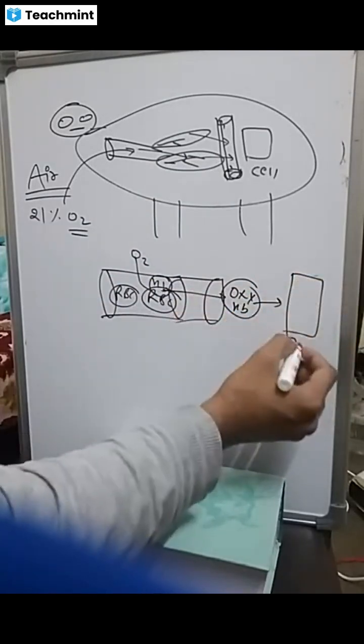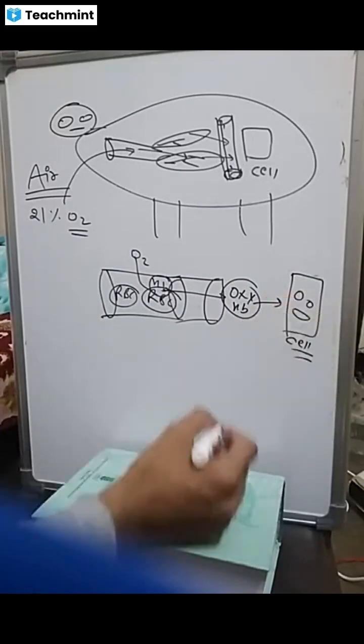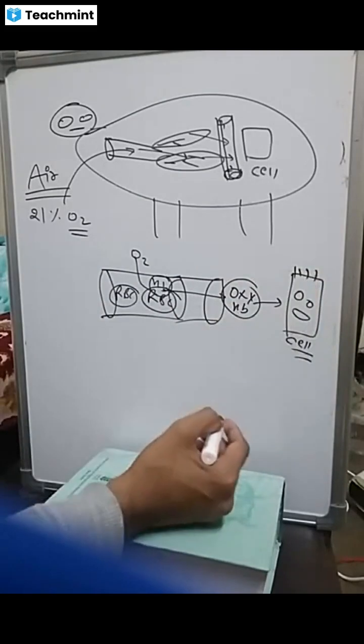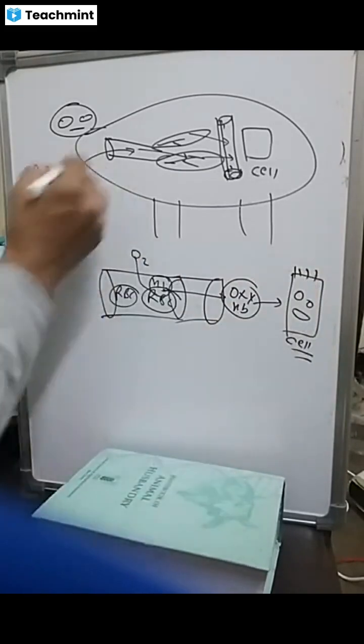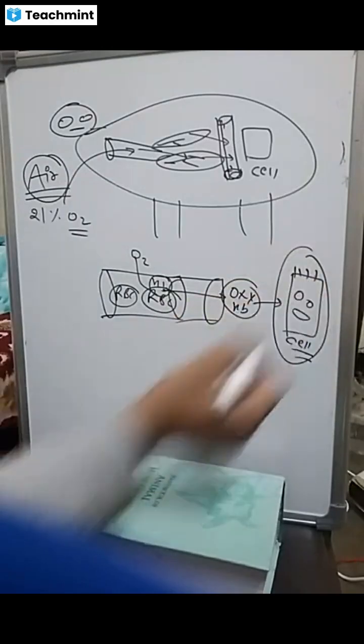Suppose this is the cell. So from the air, the oxygen reaches up to the level of the cell.